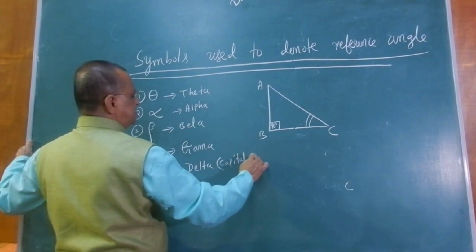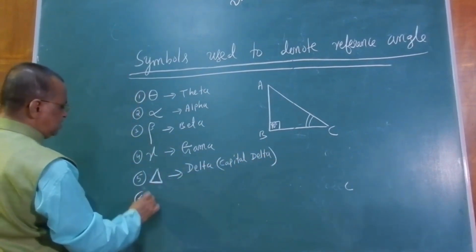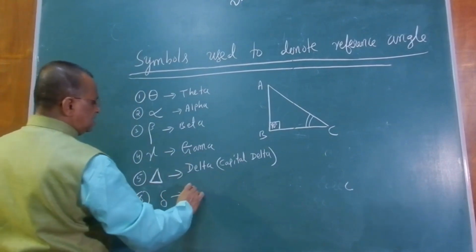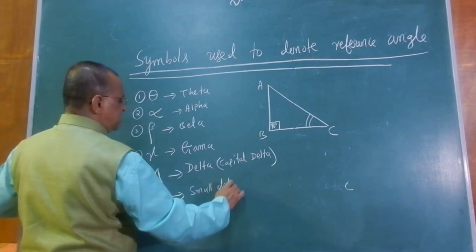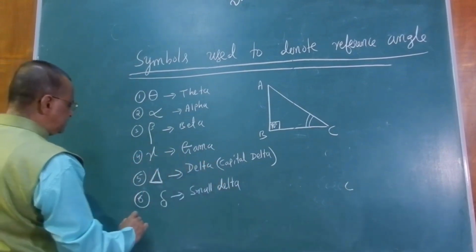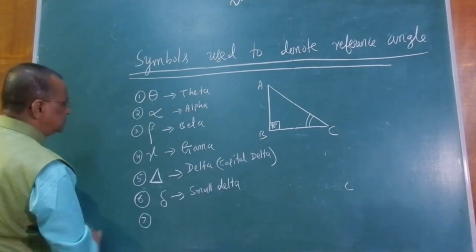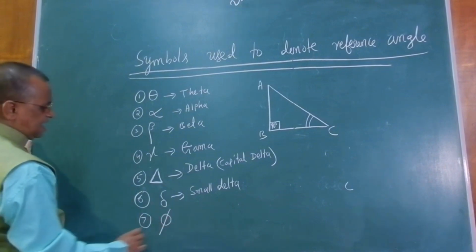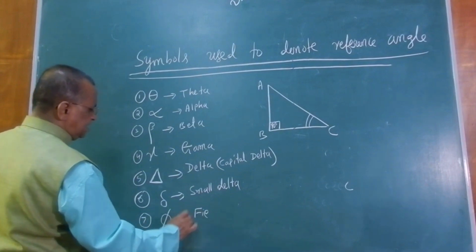Of course, another delta is there. We use this delta. This is also a delta. We call it small delta. And of course, we use another symbol. This symbol, we call it phi, P-H-I.